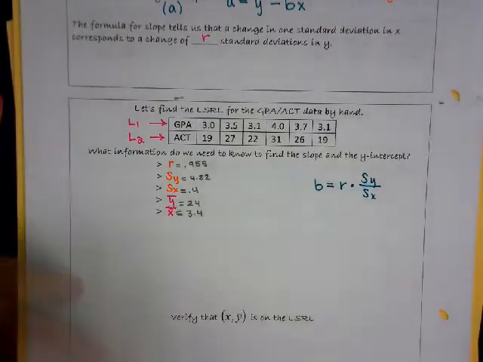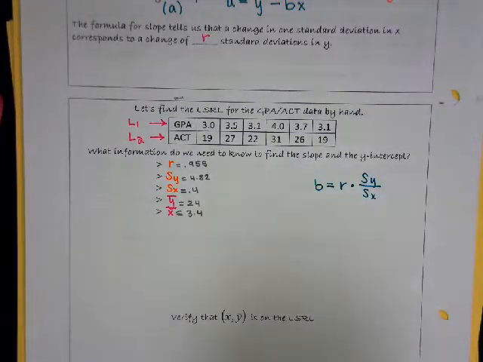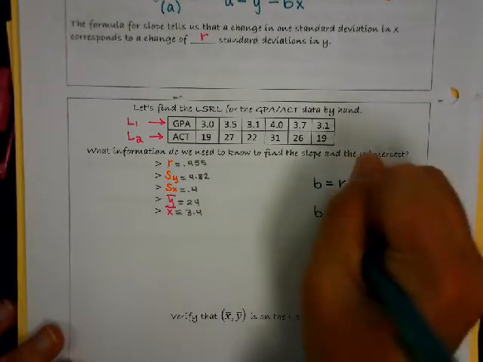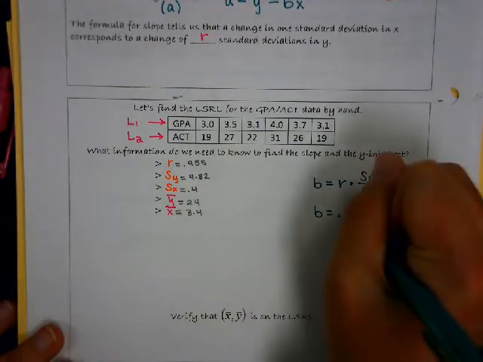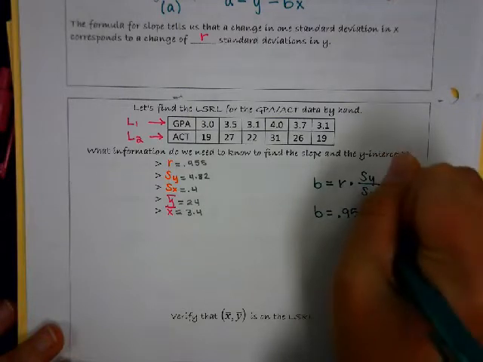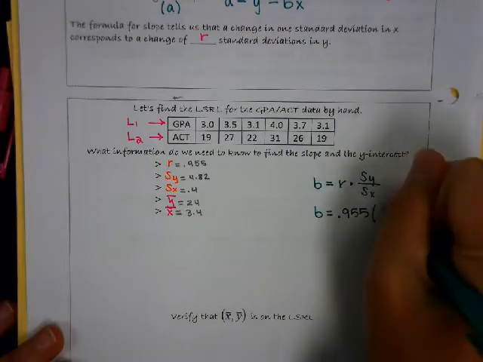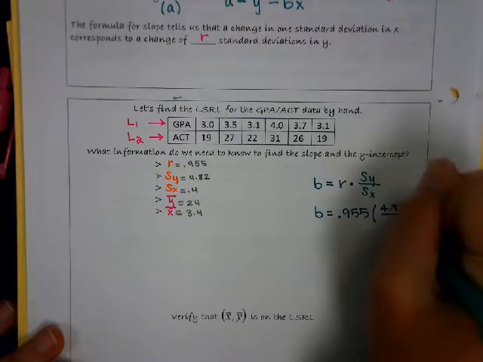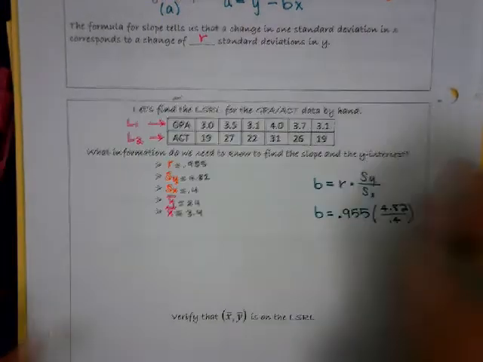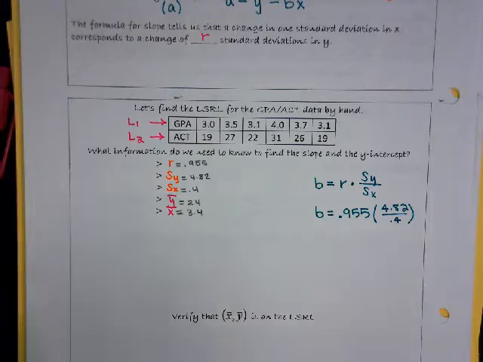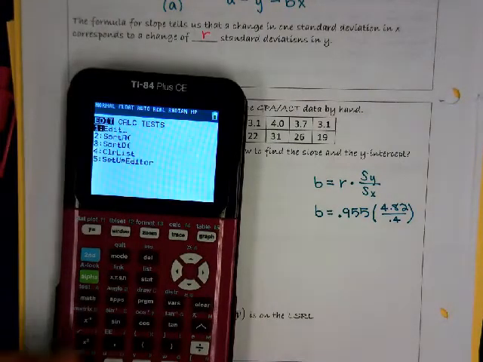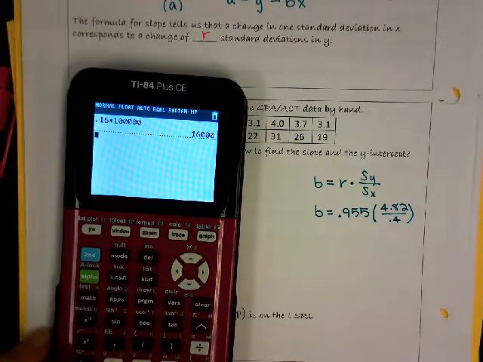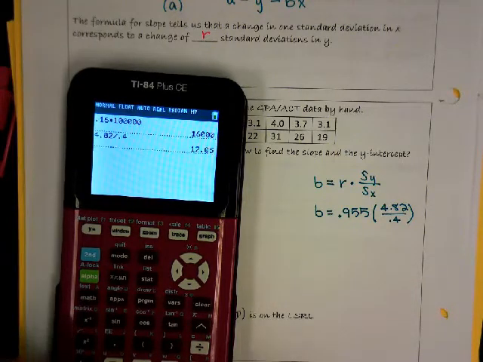So our r is 0.955, and we're going to multiply by the standard deviation of y, 4.82, divided by the standard deviation of x, which is 0.4. So 4.82 divided by 0.4 times 0.955. So I get 11.50775.